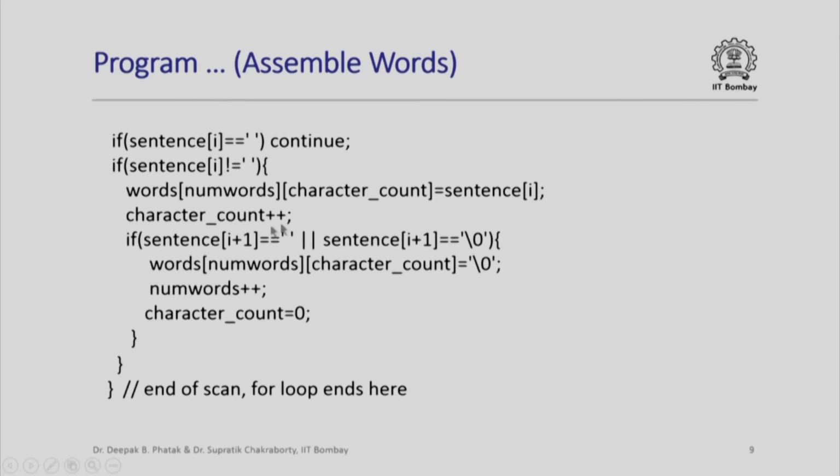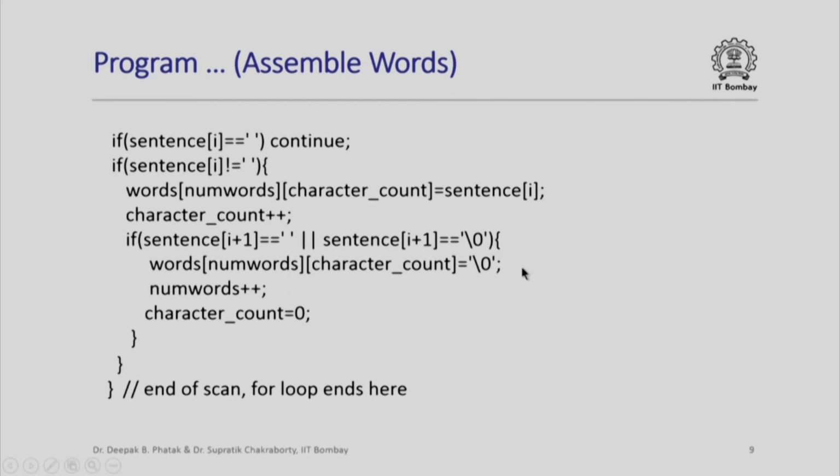I increment the character count by 1 when I finish this. Ordinarily, I would have gone back to assemble more characters. However, I check if the next character is a blank or if the next character is a \0. This will indicate the end of this word.